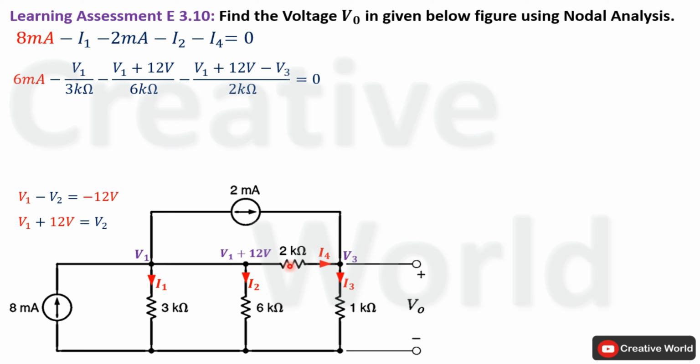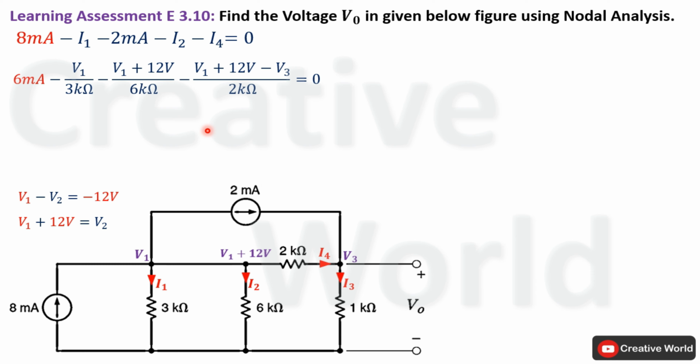Current I4 is leaving from this node. It means this node voltage will be considered as higher than this node voltage. So the potential difference between these two node voltages divided by the value of resistance will be equal to I4. I4 is equal to V1 plus 12 volt minus V3 divided by 2 kilo ohm.